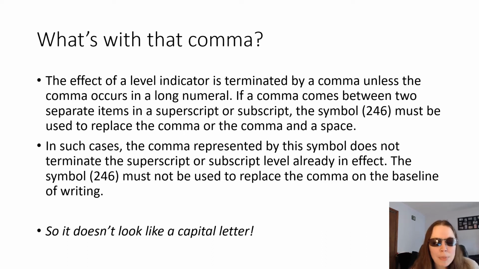If the comma comes between two separate items in a superscript or a subscript, the special symbol .246 must be used to replace the comma, or the comma and a space that's normally seen in Nemeth. That way, .246 does not terminate the subscript, and you can write multiple things in a subscript without it terminating and without it being confused as being a capital letter at that point. So if you ever see that come up in math class, now you'll have a chance at recognizing that that's just another way to write comma.